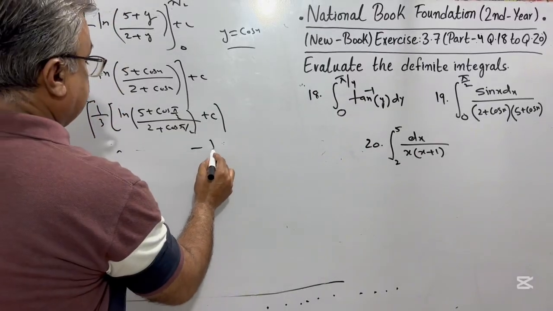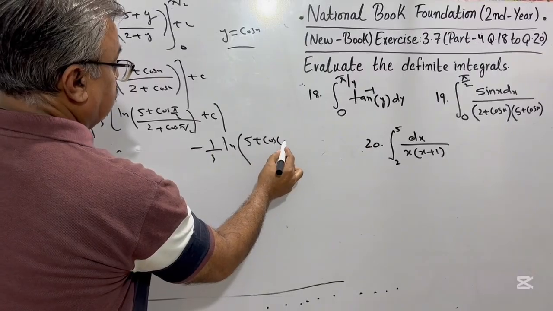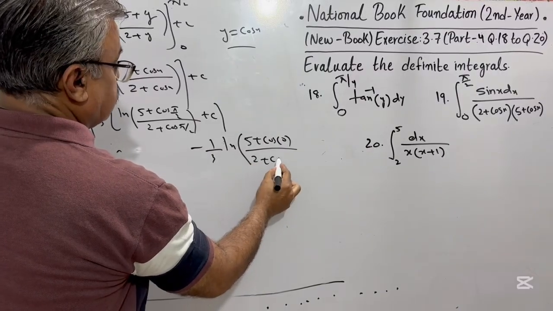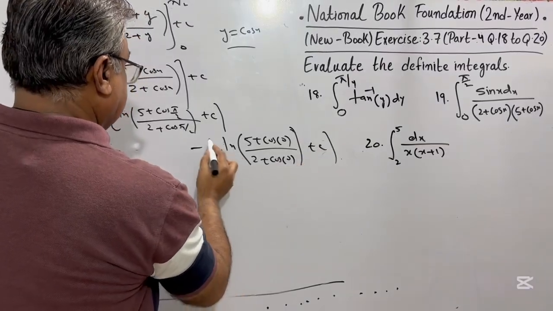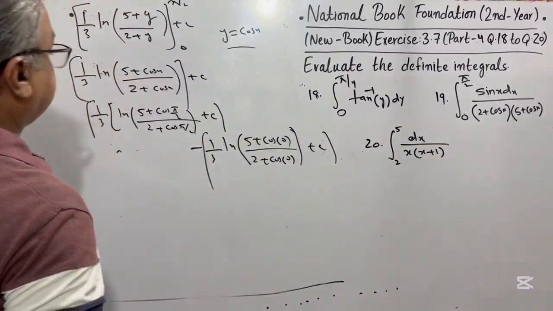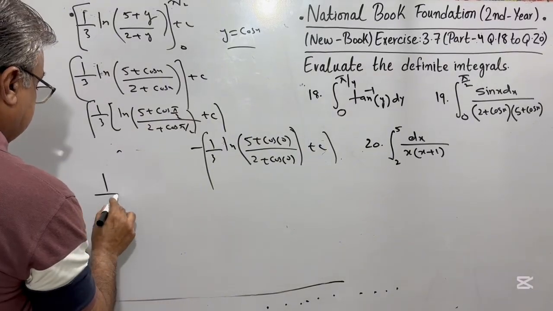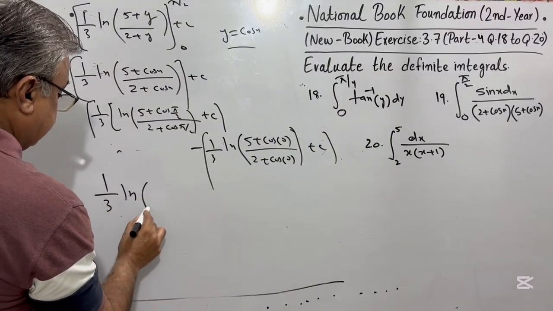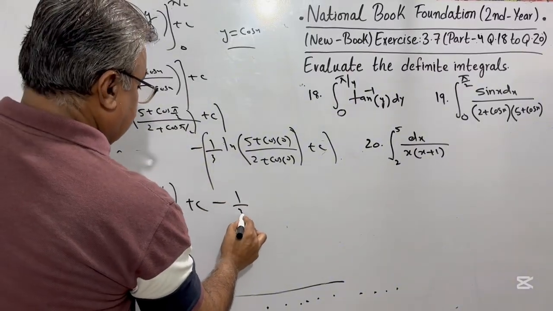Our lower limit is 1 over 3 ln of 5 plus cos 0, cos 0 is 1, over 2 plus cos 0, plus c. Multiplying minus throughout, c cancelled out. Here it is 5 plus 0, 2 plus 0. We are left with ln 5 over 2 only.